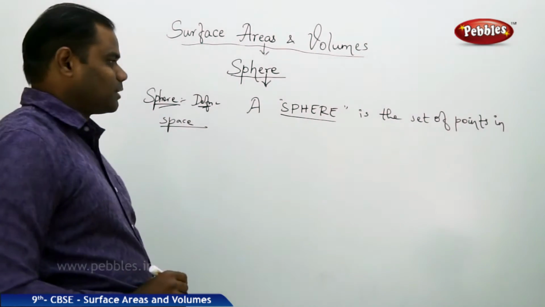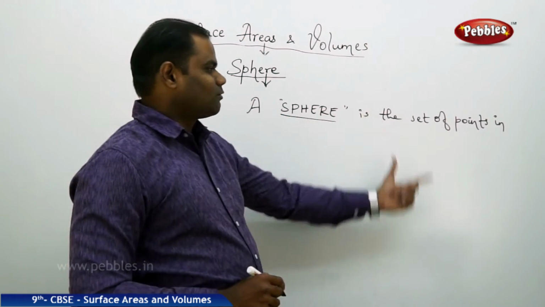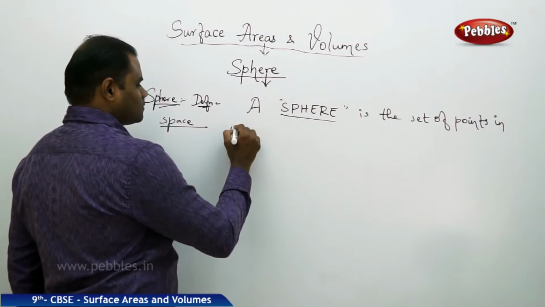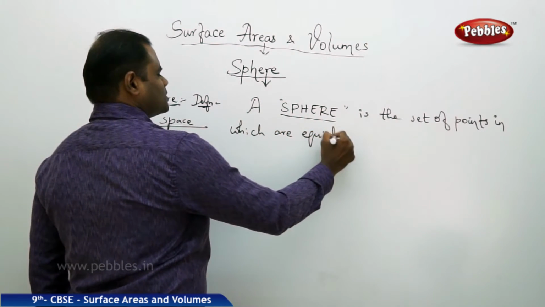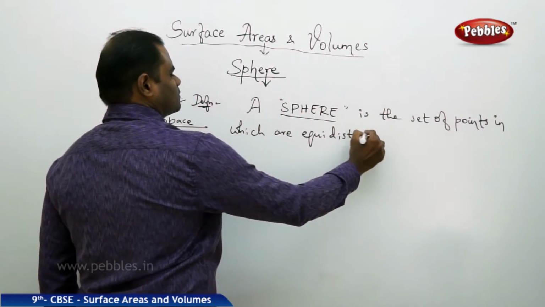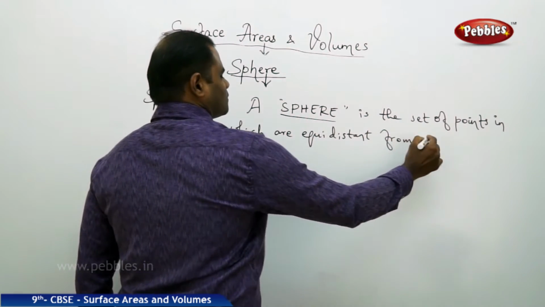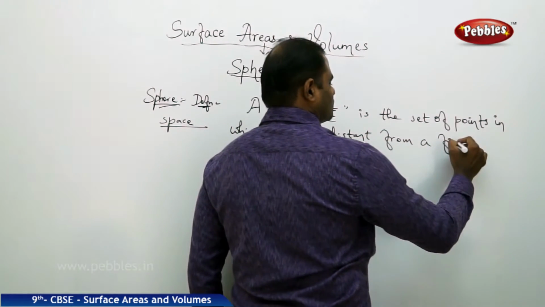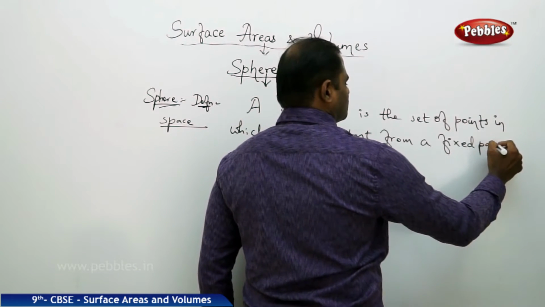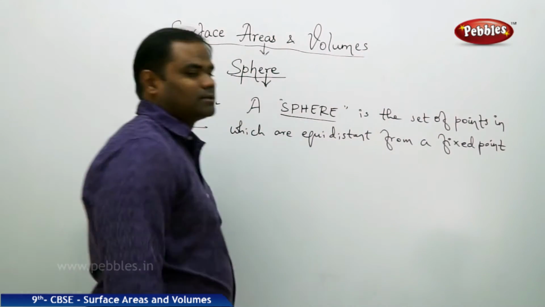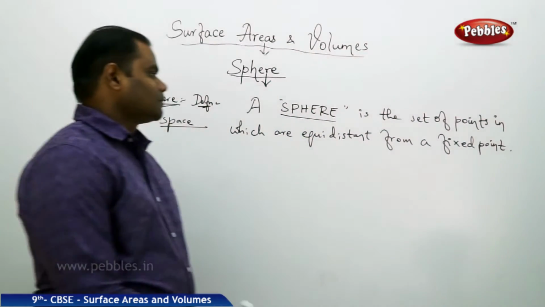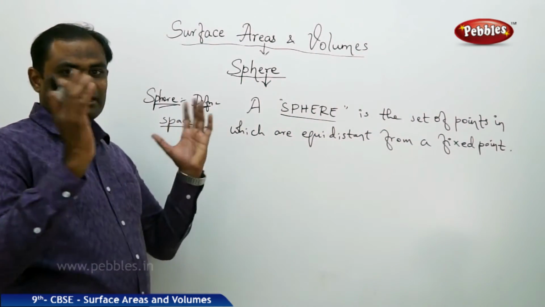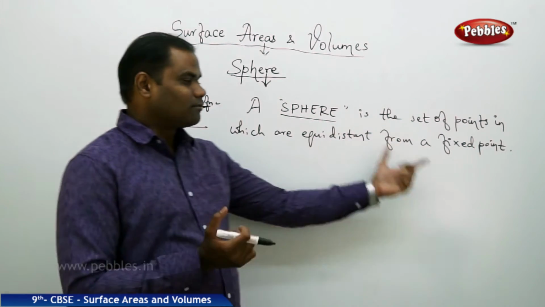Importantly, in space. A sphere is the set of points in space which are equidistant from a fixed point. That's how we understand a sphere.